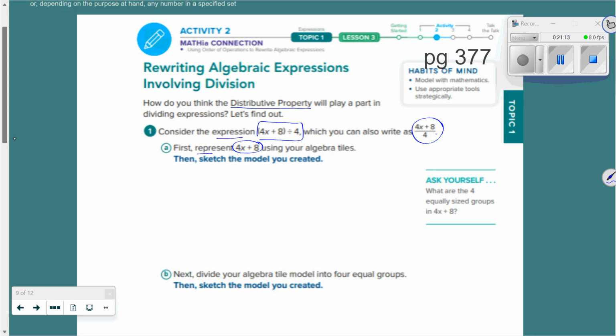If I were to put a model on this, how many x's would I have? 4 x tiles. How many of the individual constant tiles will I have? 8 of them, because all the constant tiles are always 1s. So I'm going to have 8 of the 1 tiles.